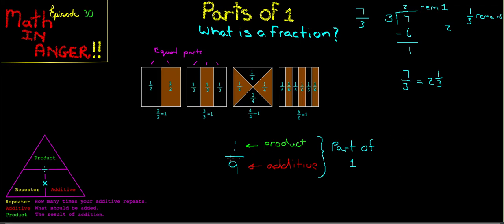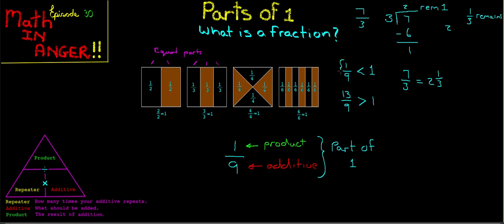Now take a look at what happens when I do something like this. This is 1 of 9. I'm talking about one part of something that was broken into 9. I'm talking about less than 1. When I do this, I have 13 parts of something that was broken into 9. I'm talking about something that is greater than 1. This is a proper fraction.